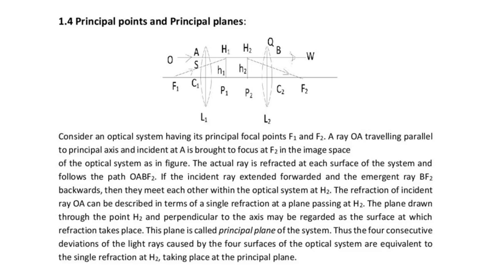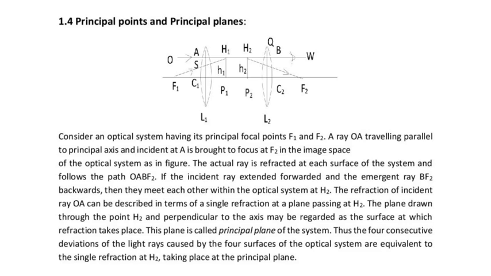The actual ray is refracted at each surface of the system and follows the path OABF2. If the incident ray is extended forward and the emergent ray BF2 backwards, then they meet each other within the optical system at the point H2.